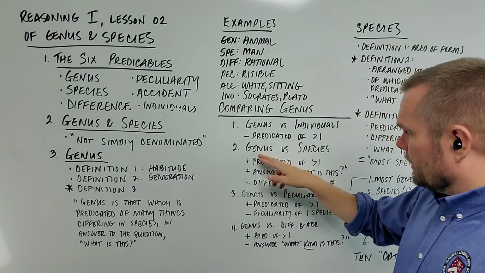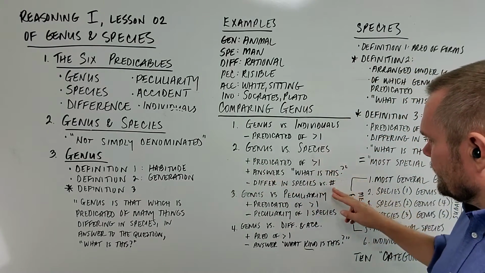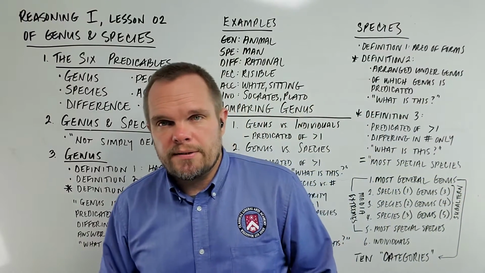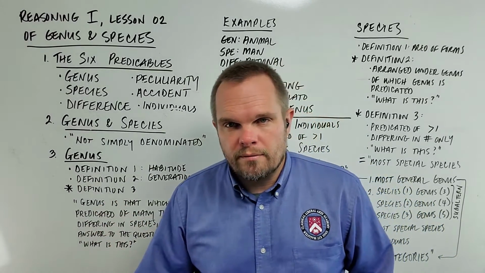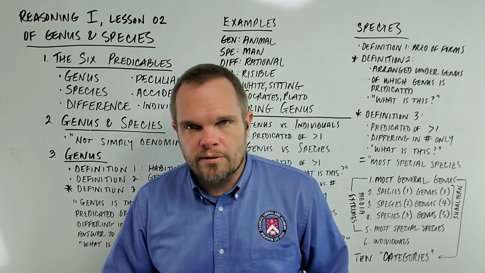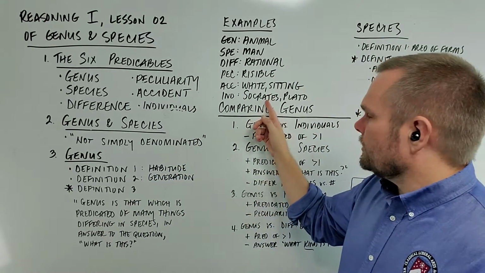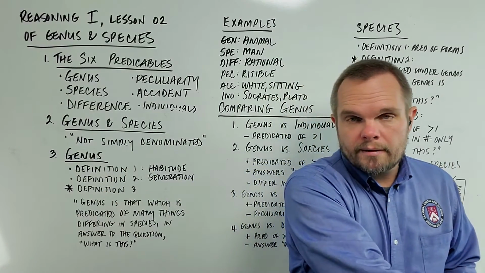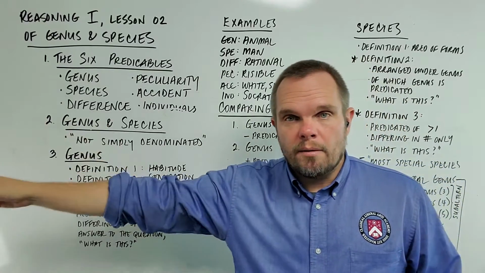The genus differ in species. Species only differ in number. Okay, your lesson says species are predicated of things that differ in number. And that's very confusing, because what he means there is Socrates is one man and Plato is one man. I am one man. We differ in number.